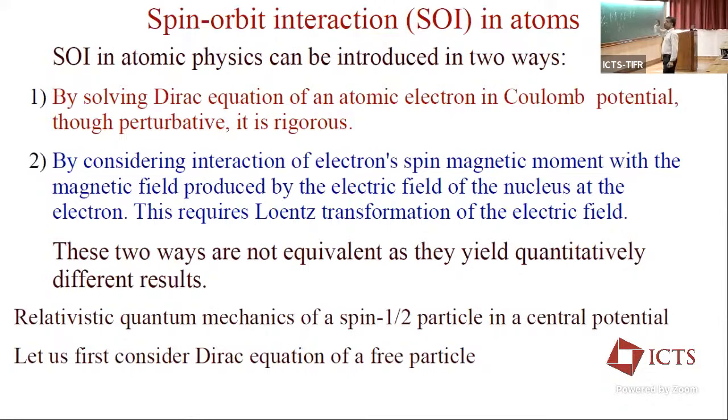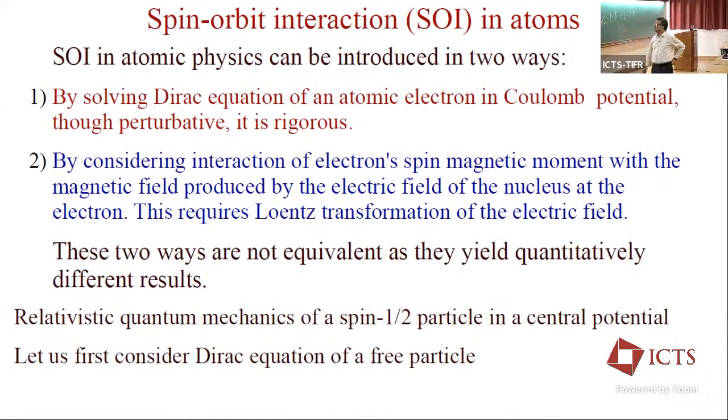Now we come to the main topic, spin orbit interaction in atoms. In atomic physics, spin orbit interaction is introduced in two ways. They are alternative ways, but they are not equivalent. One way is by solving the Dirac equation. The Dirac equation is a relativistic equation for massive particles.